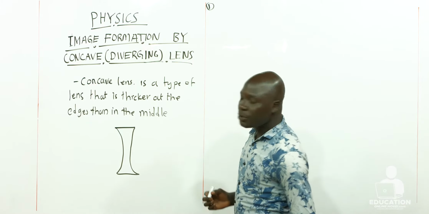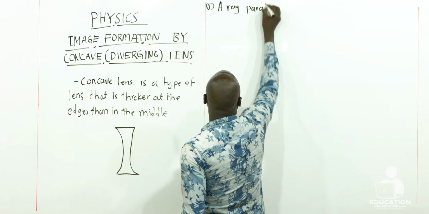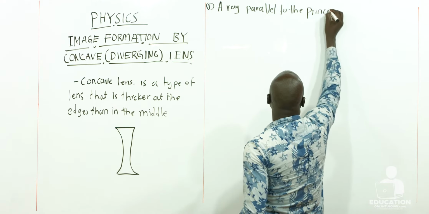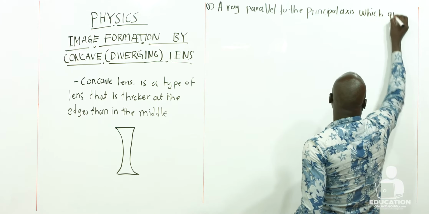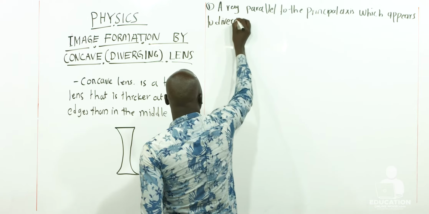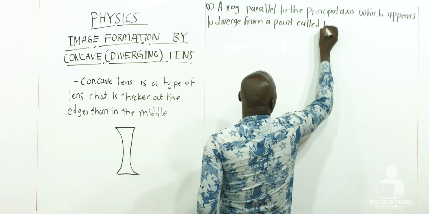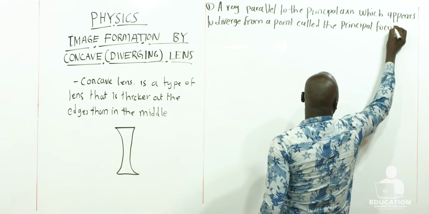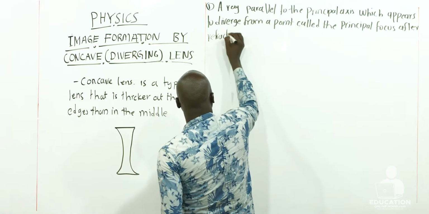Now the first ray that we are going to use is a ray parallel to the principal axis, which appears to diverge from a point called the principal focus after refraction from the lens.